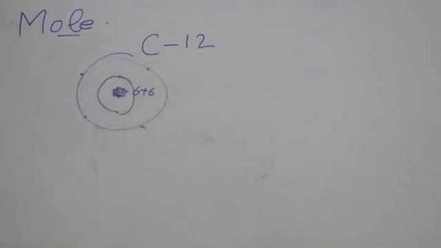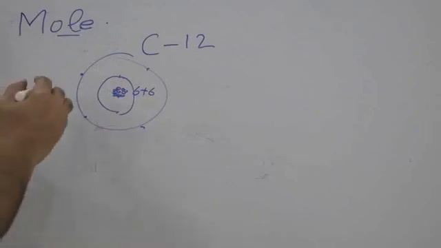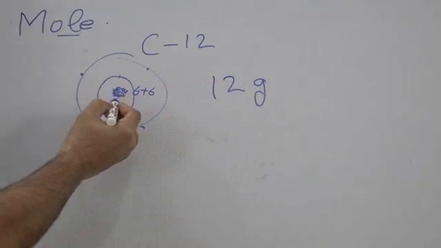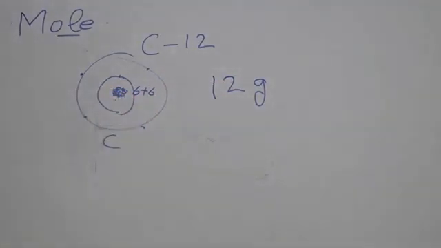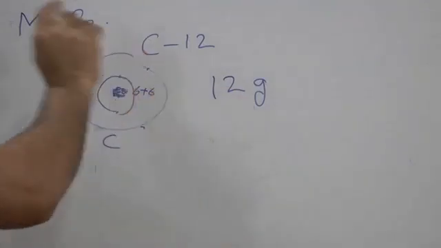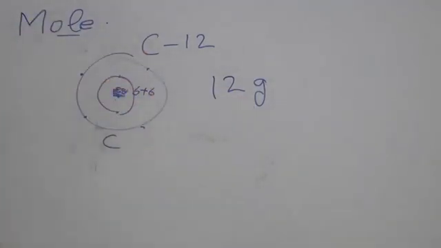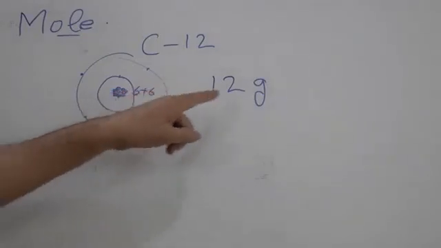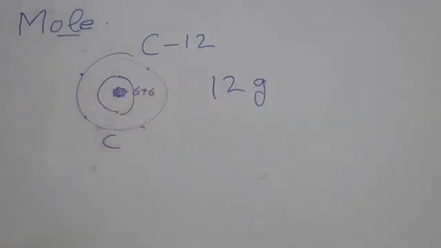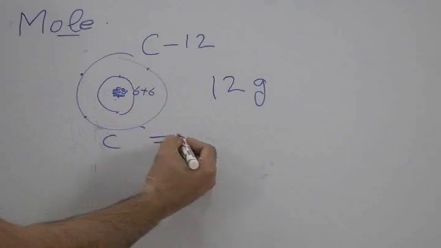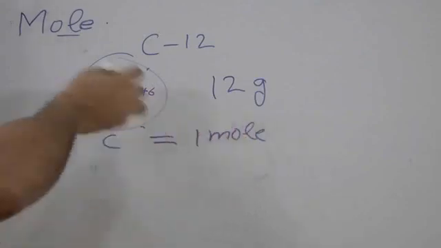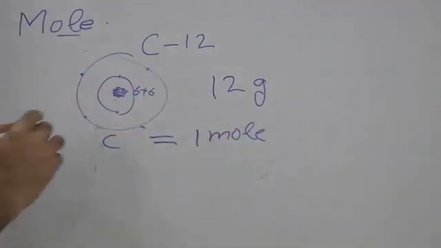And if we take exactly 12 gram of C12 isotope, then the number of carbon atoms present in it would be exactly equal to 1 mole.